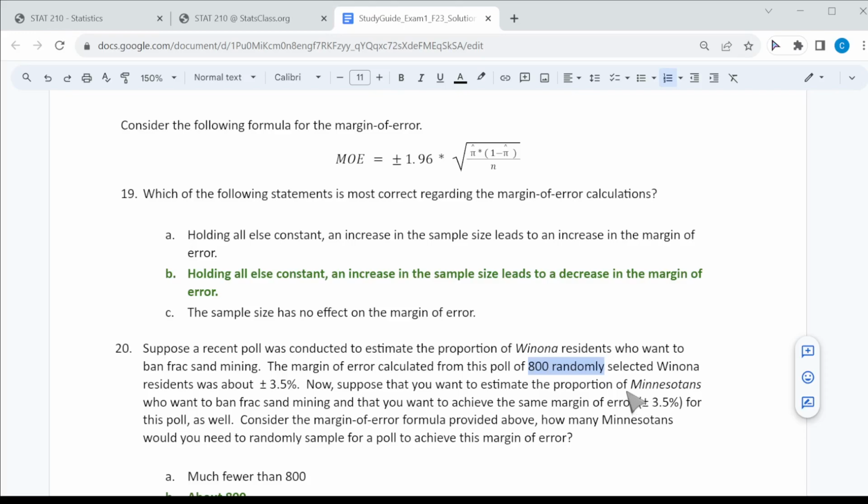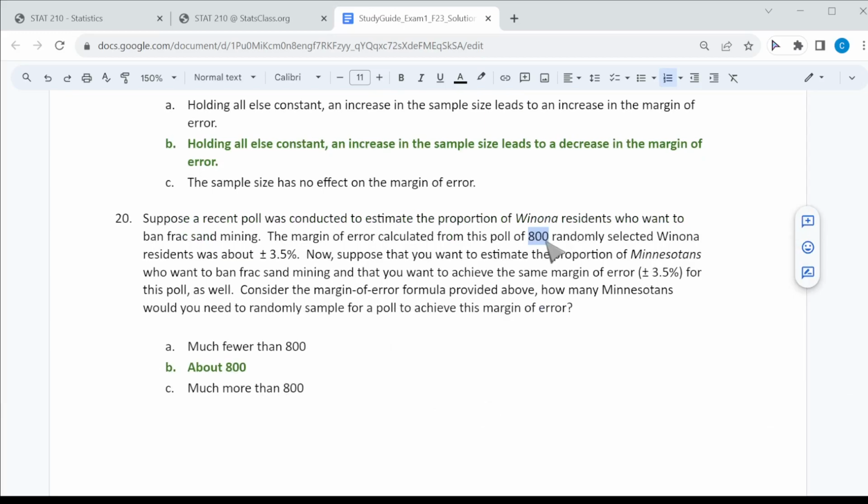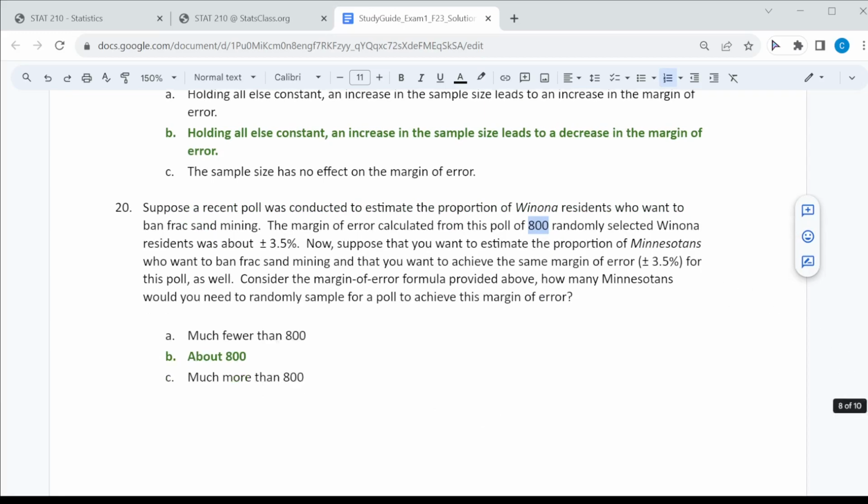If my scope of inference now includes all of Minnesota, but I still want a margin of error of 3.5%, again, all that matters is how many you actually put in your sample. So I only need 800 again. This formula does not take into consideration how big your scope of inference is. That does not play into this. So the correct answer here for number 20 is just going to be about 800. It's going to be about the same, because that's what goes into that margin of error formula.